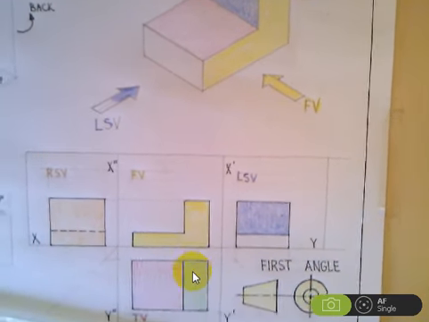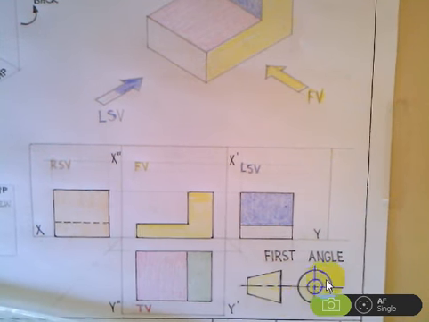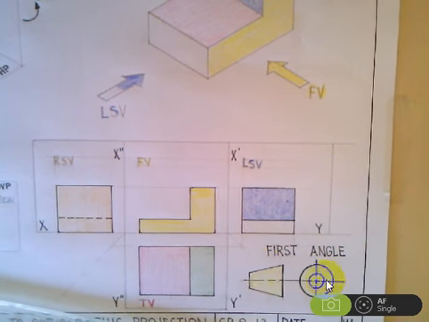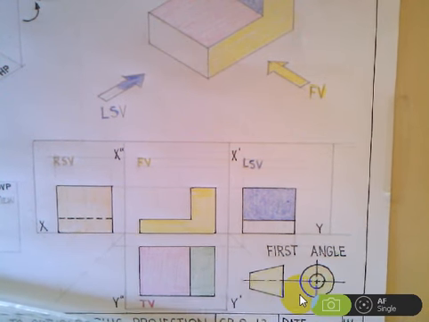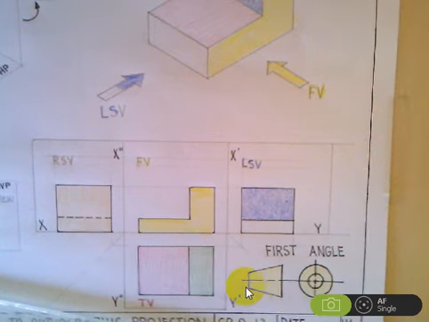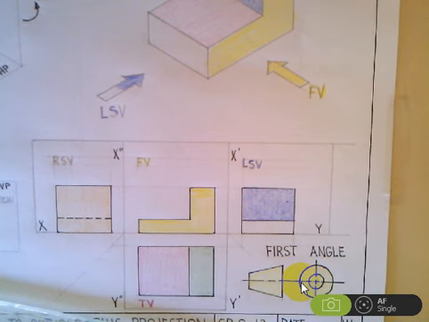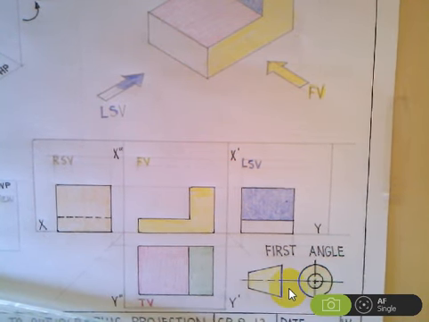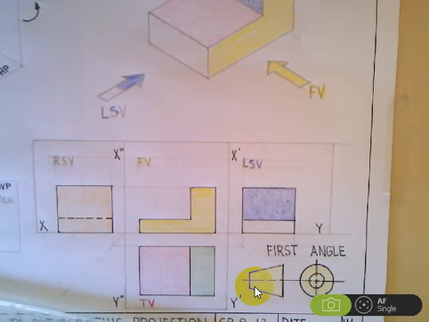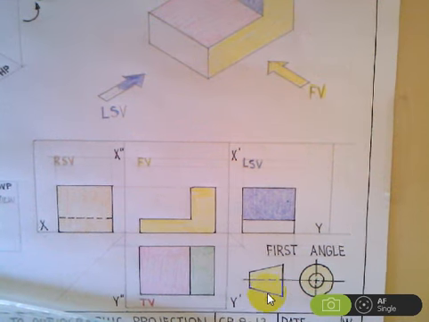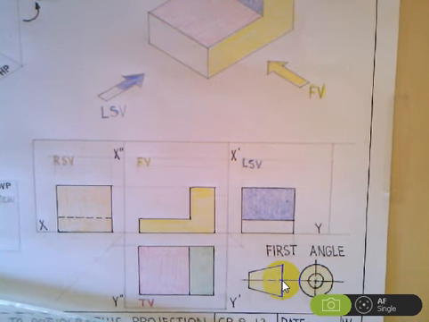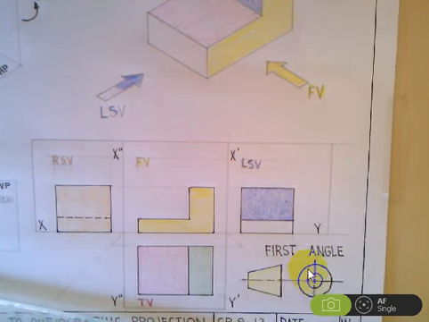Okay. At the same time, I just want to show you, this is the first angle symbol. If we draw on first angle, this symbol will normally be shown somewhere, or sometimes we are required to draw it, and the way that I draw it is the diameter of the small circle is 8 and the big circle is 16, and there's a gap of 8 millimeters.